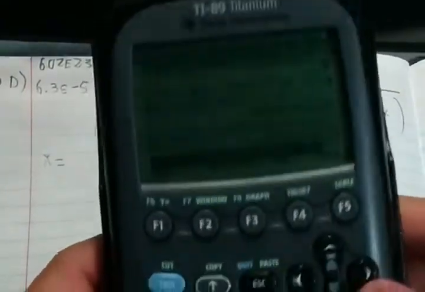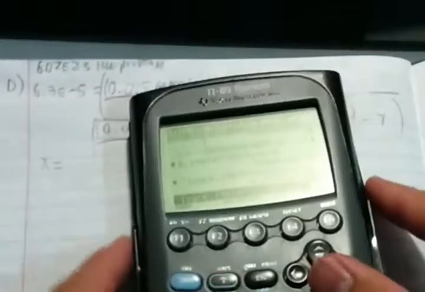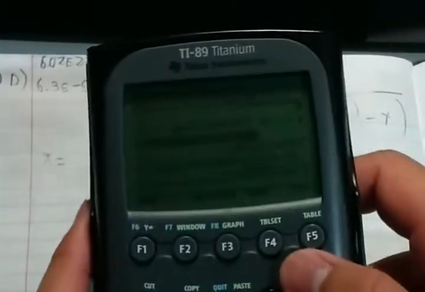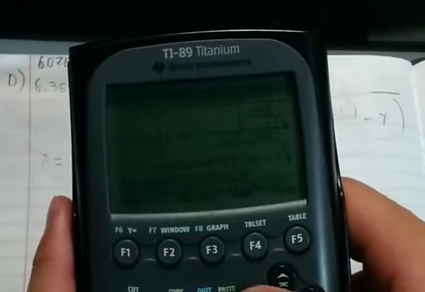Now what I usually do next is put all of this into my handy dandy calculator. It's better for me to see the camera. You guys don't need to see this. I'm just gonna put in the values. I have a solve function on my calculator, which is awesome.